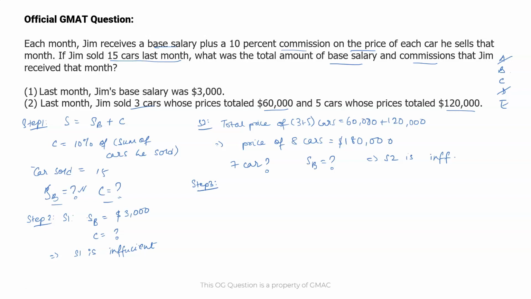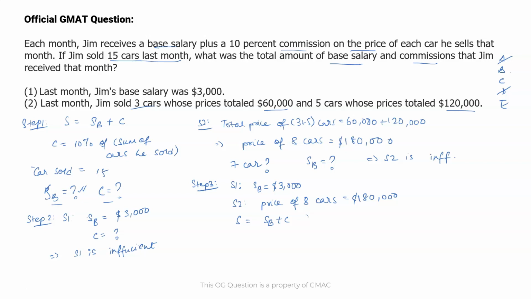Now from statement 1 we have that the base salary is equal to $3,000, and from statement 2 we have that the price of 8 cars is equal to $180,000. And since we know that the salary of Jim is equal to SB plus SC, can we calculate the base salary and the commission on the cars using the two statements together?